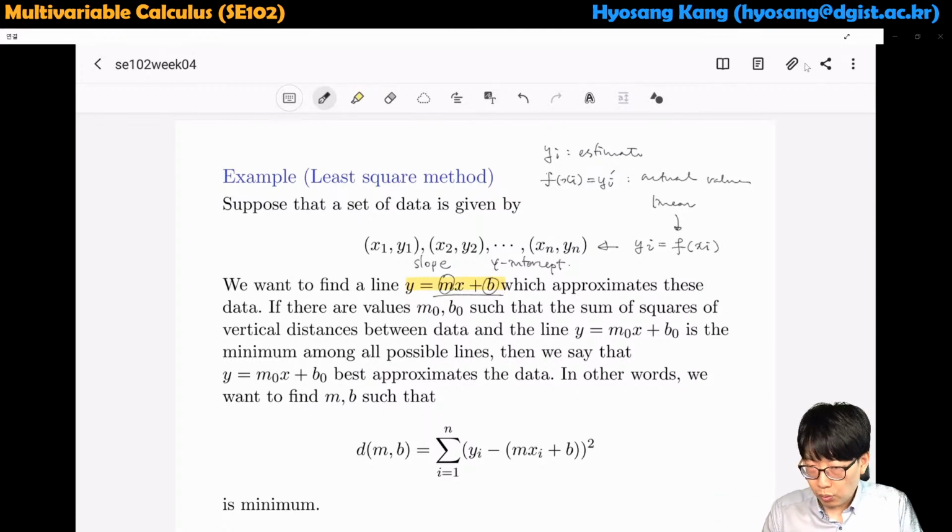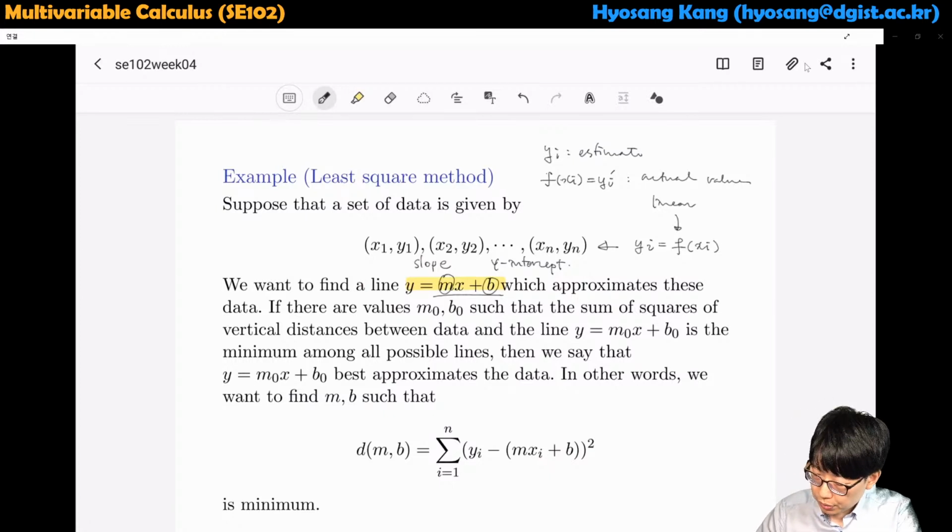So we call this yi, the result of observation, an estimate, and our value of the function, approximated by the linear function, is the actual value, which should be obtained if there is no error at all. So I want to find the m and b which fit best to the estimate.